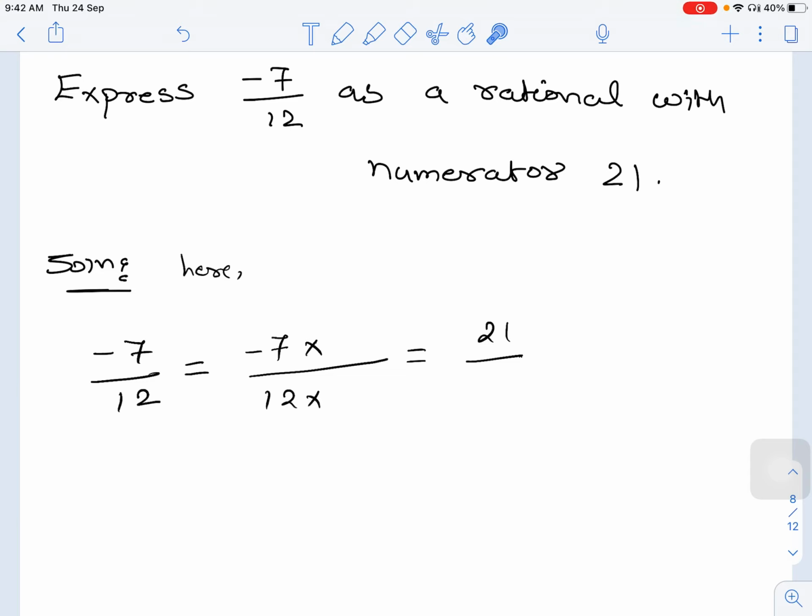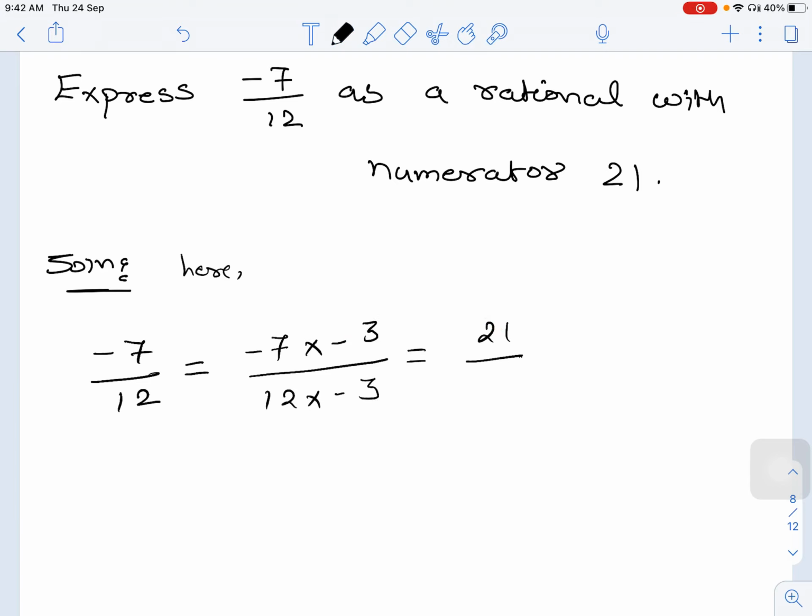Now here we have a minus number and our answer must be plus. So minus into what will give you plus? Minus into minus will give you plus. Now as we have written minus here, so here also we have to write minus. Then 7 times what is 21? 7 3s are 21.